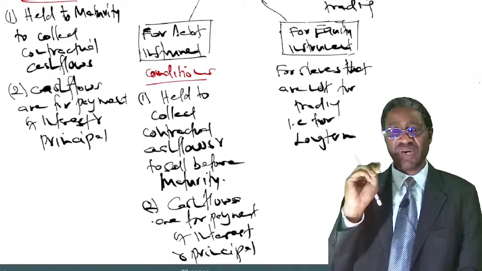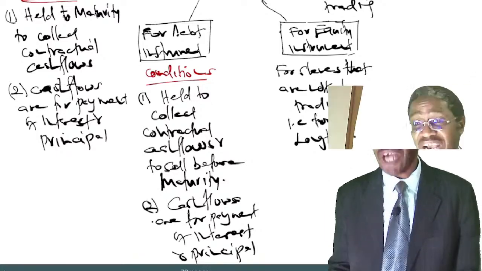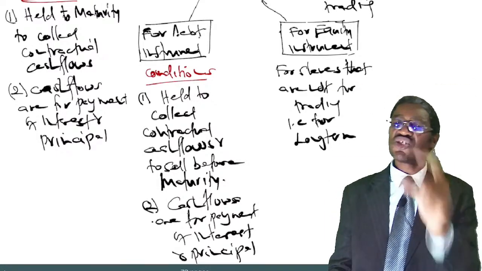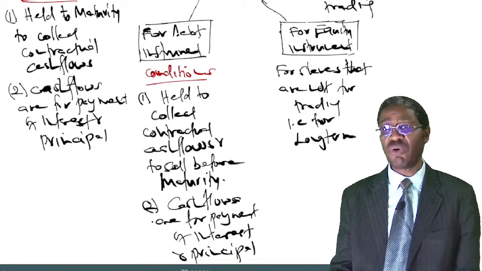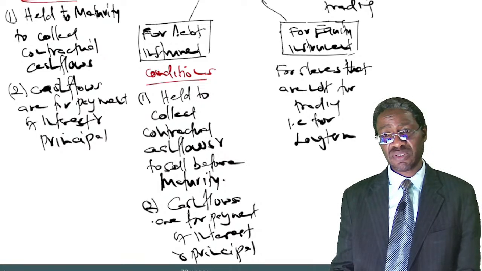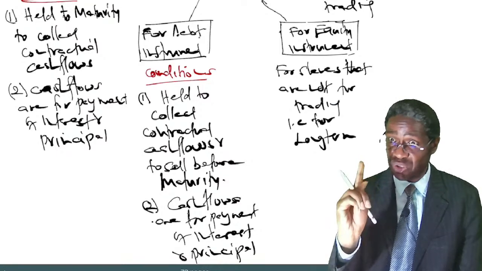So number one, we have said held to collect contractual cash flows and to sell before maturity. That's important.